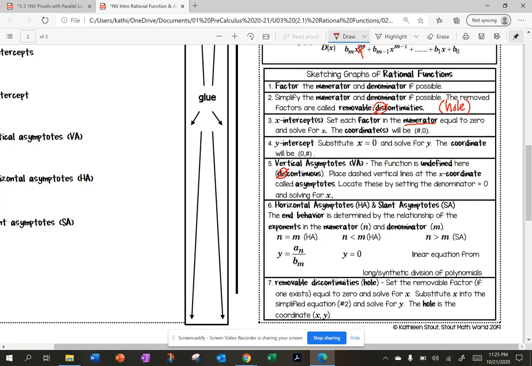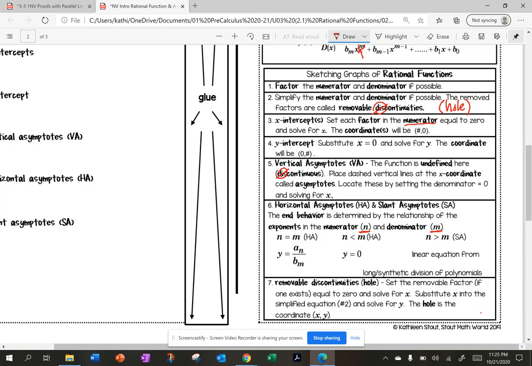Horizontal and slant asymptotes, I have one or the other, not both. The end behavior of my rational function is determined by the degree of the exponents in the numerator, n, and the denominator, m.